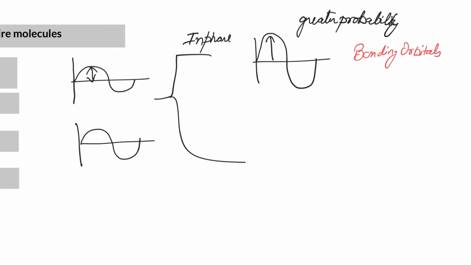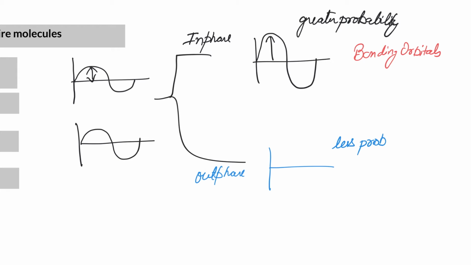Now there's another way in which the interaction can happen, and that is out of phase. When the interaction happens in an out of phase manner, what you will see is a flat line. That means there is very little probability that you will find the electrons in this position, right?